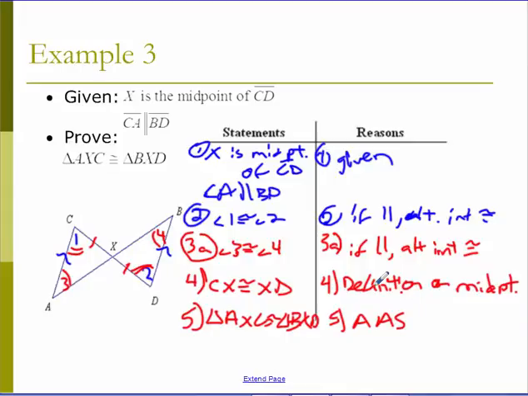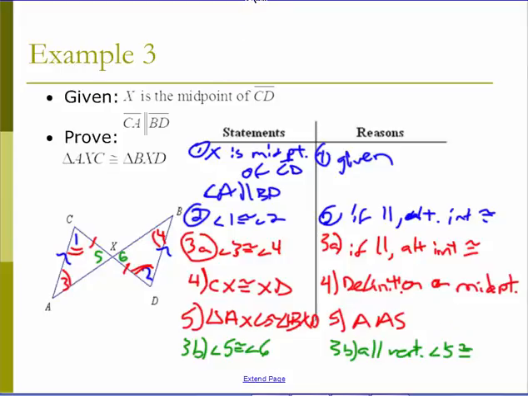So I said I was going to do this a little bit different also. Instead of 3A, we're going to list 3B. I'm going to call this angle here angle 5, and this one angle 6. So in place of 3A, we could do 3B. Let's do that at the bottom. 3B, angle 5 is congruent to angle 6, which makes my reason for 3B all vertical angles are congruent.